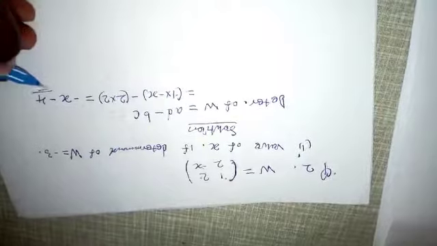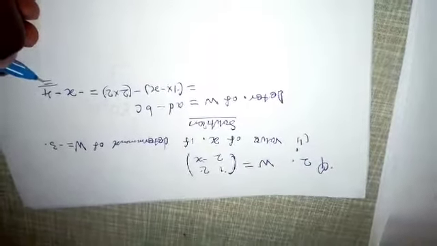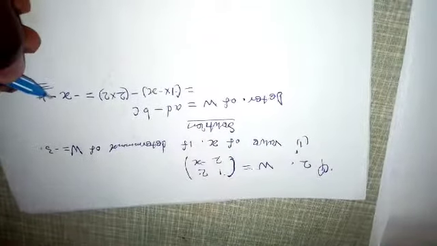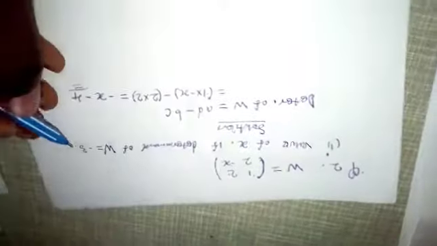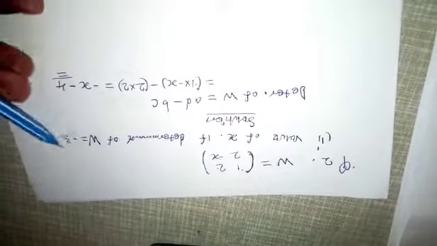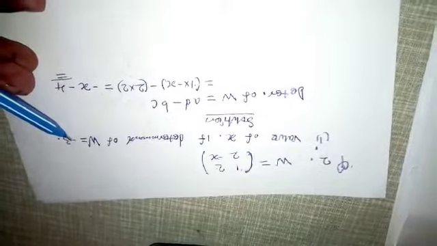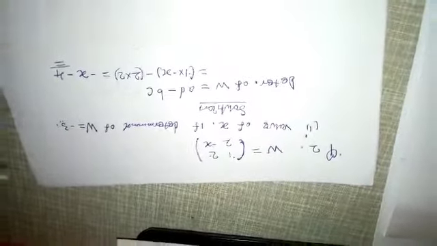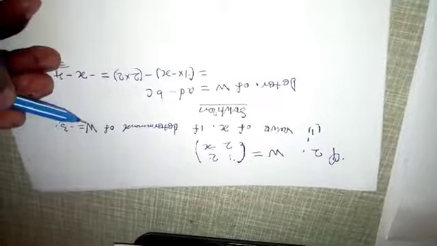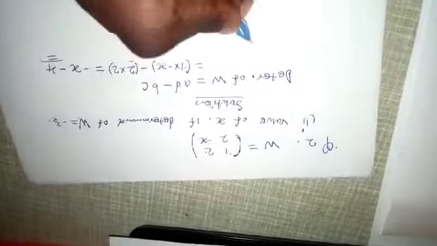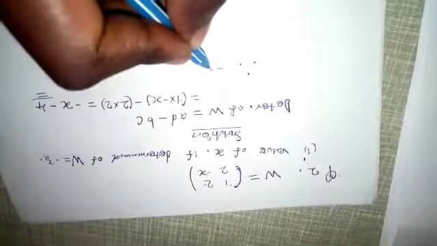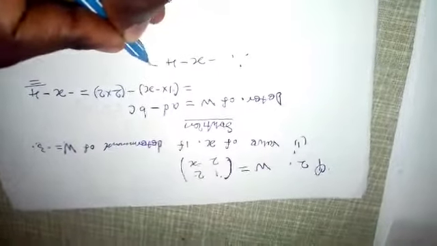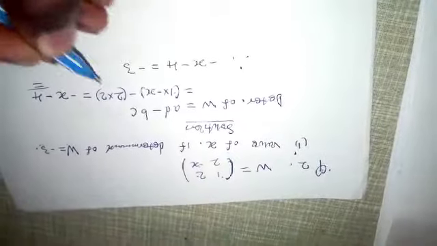Now, this is not the end. We are told that this determinant expression is equal to negative 3, which means negative x minus 4 should be equal to negative 3.